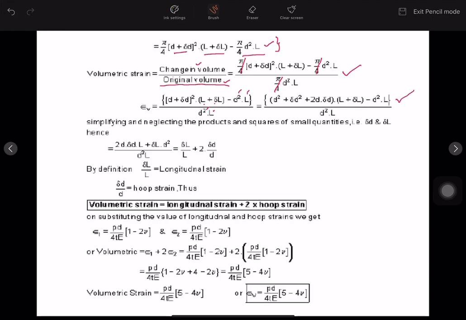If we elaborate this equation, we get this expanded form.